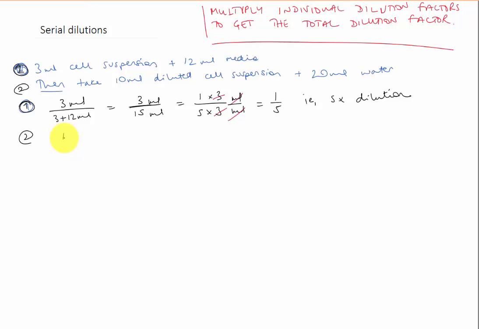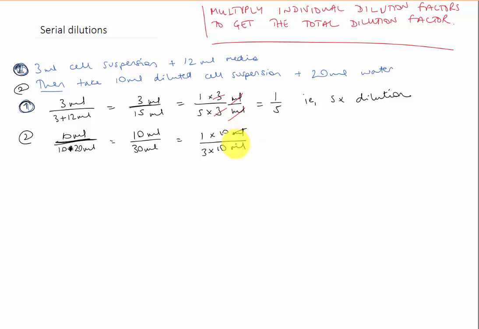And then the second part, that is 10 mils over 10 plus 20 mils. That's our total amount, our total volume. So that gives us 10 mils over 10 mils plus 20 mils, which is 10 mils over 30 mils. Again, we can factor, so that gives us 1 times 10 mils over 3 times 10 mils.